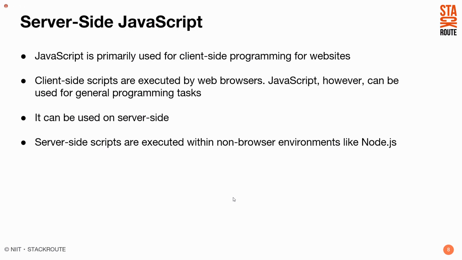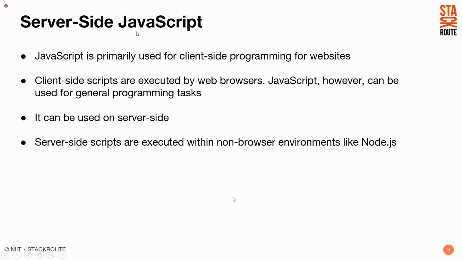Node is a runtime environment. Normally JavaScript is client-side and runs in the browser, but I want to make the exception. I want to make JavaScript run on the server side. For that purpose, the software I require is Node.js, and Node.js is going to give you a JavaScript environment so that you can run JavaScript on the server side.